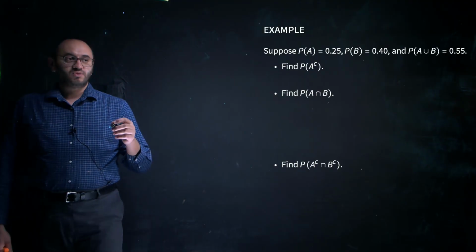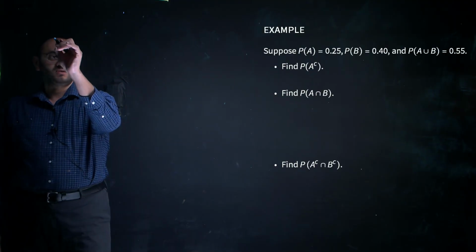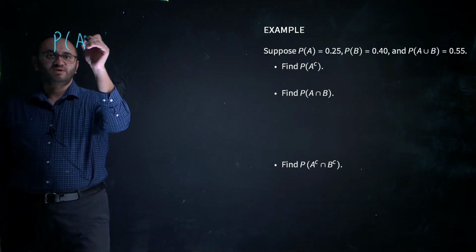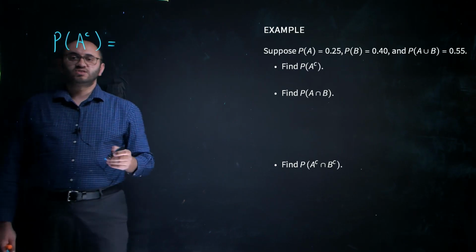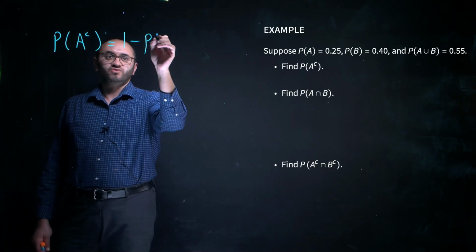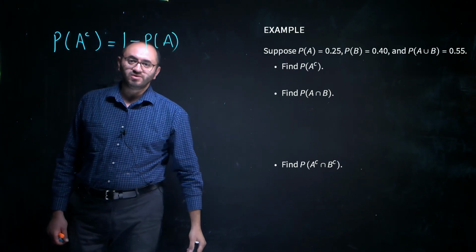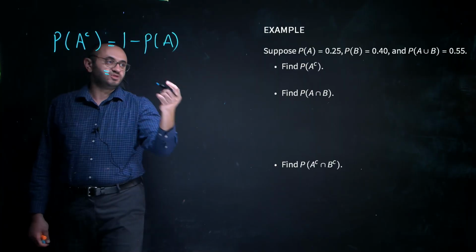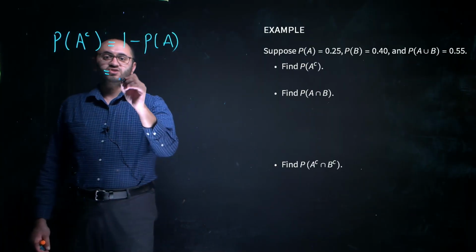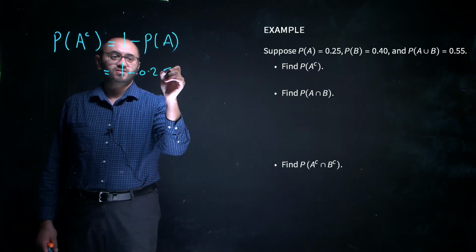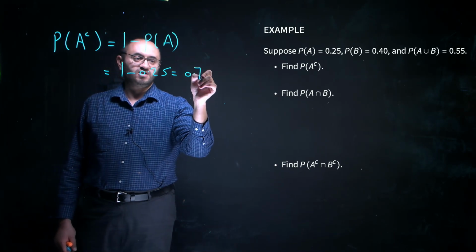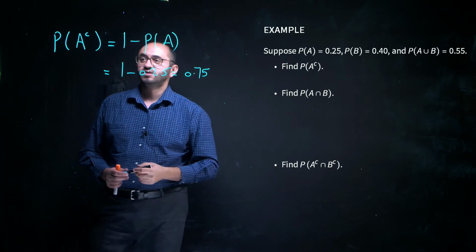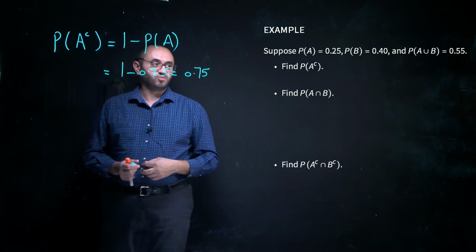So from the complement rule, probability of A complement equals 1 minus probability of A. This is the complement rule. And probability of A is given. It's 25%. So 1 minus 25%, so the answer is 75%. That's it. This is probability of A complement.